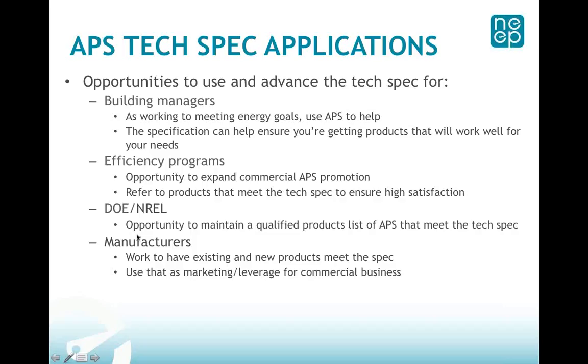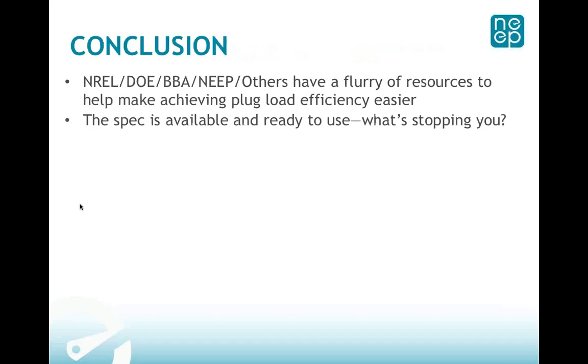And then manufacturers, if they are able to have their new and existing products meet the spec, then that's a leverage point that can be used in marketing to demonstrate quality products.